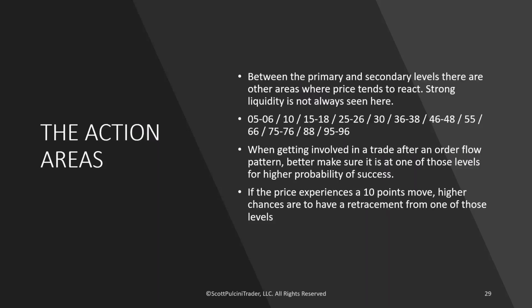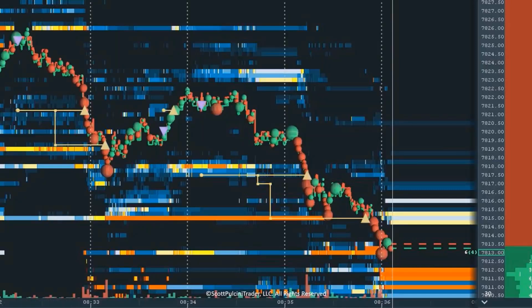You're very likely to be able to fade that move and look for a retracement, even if it's a small one, but 4 points in NQ can be done a few times a day and can be extremely profitable. Okay, let's move on to the next slide.